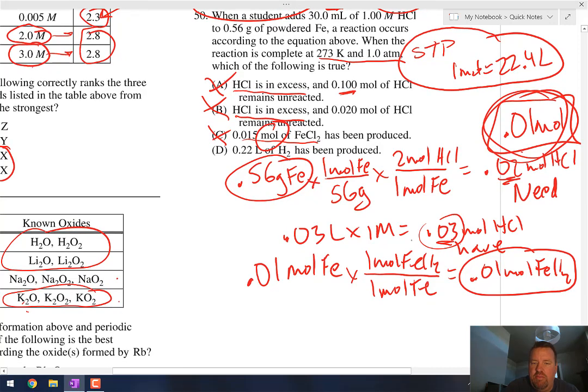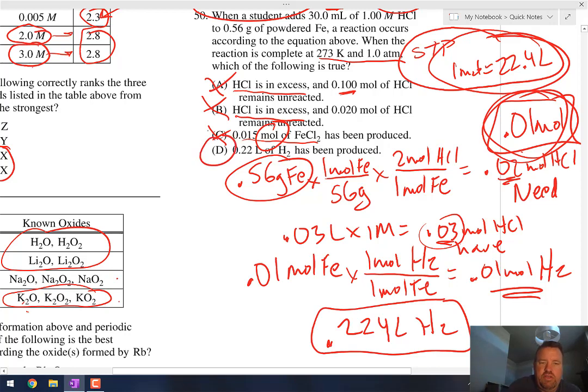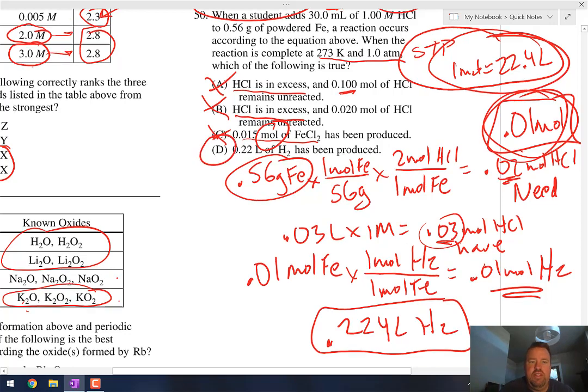So here, same thing. Instead of 1 mole of FeCl2, we could just change that to hydrogen. And so 0.01 moles of hydrogen are produced. And 0.01 moles times 22.4 is 0.224 liters of hydrogen, which is the correct response. Okay, so D is the correct response there.